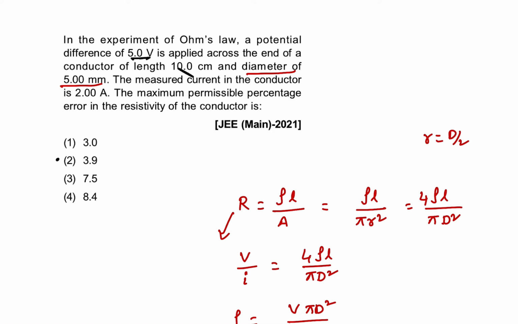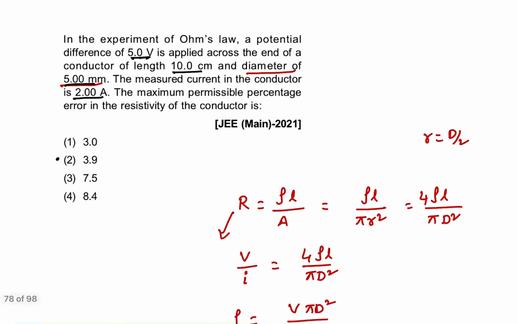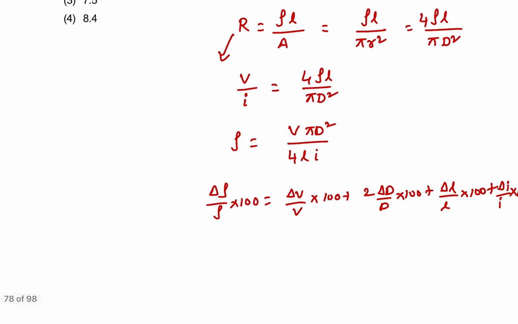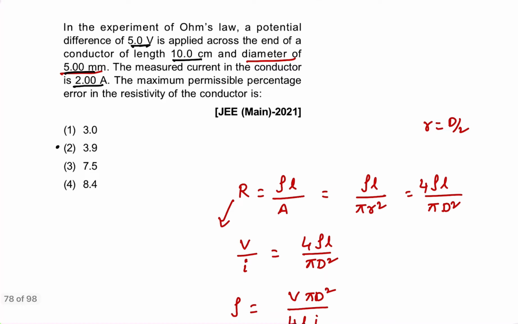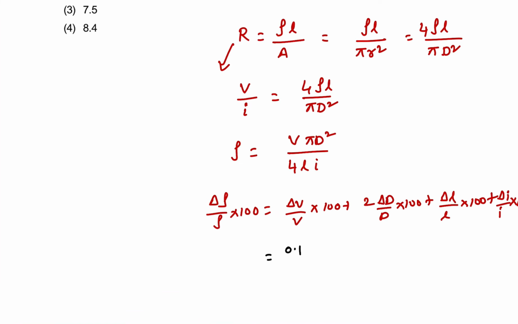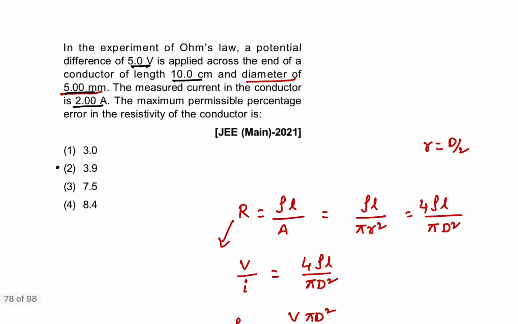If you see the question, a potential difference of 5 volt is applied across the ends of the conductor, length is given as 10.0 centimeter, diameter is 5.00 millimeter, and the measured current is 2.00 ampere. The maximum permissible error means we can calculate all the values.